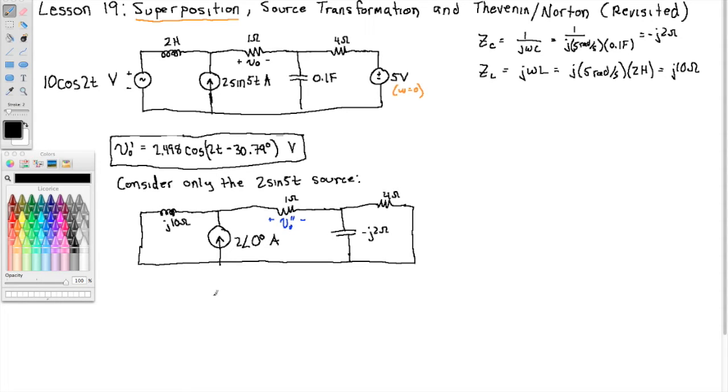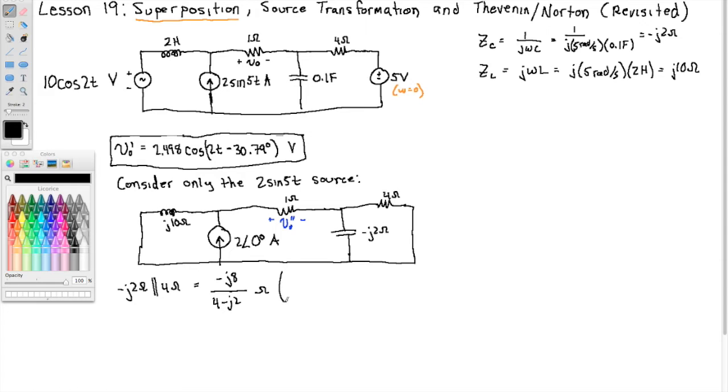Alright, well then, again, these two are in parallel over here on the right. So let's find the equivalent impedance of negative j2 ohms in parallel with 4 ohms. So that is the product over the sum. That's negative j8 over 4 minus j2 ohms.